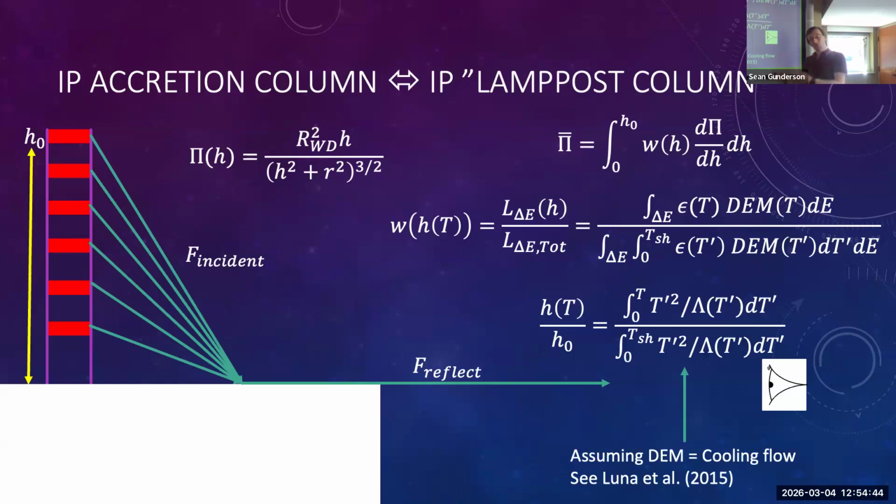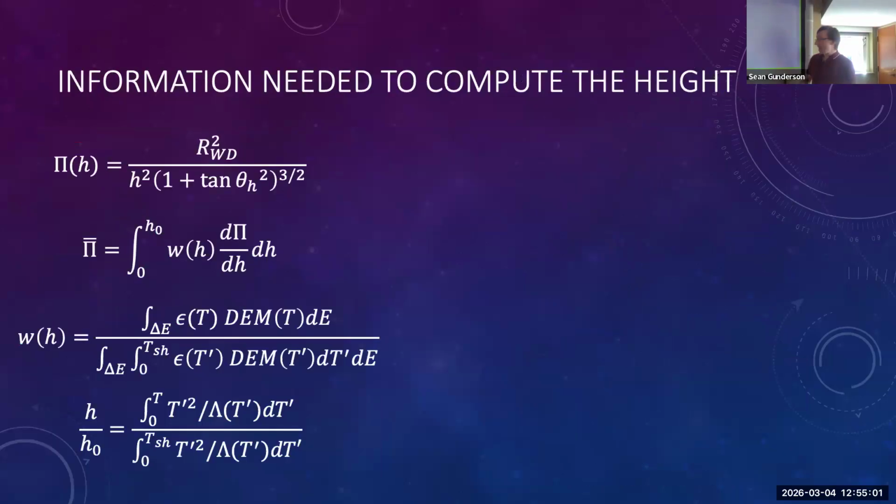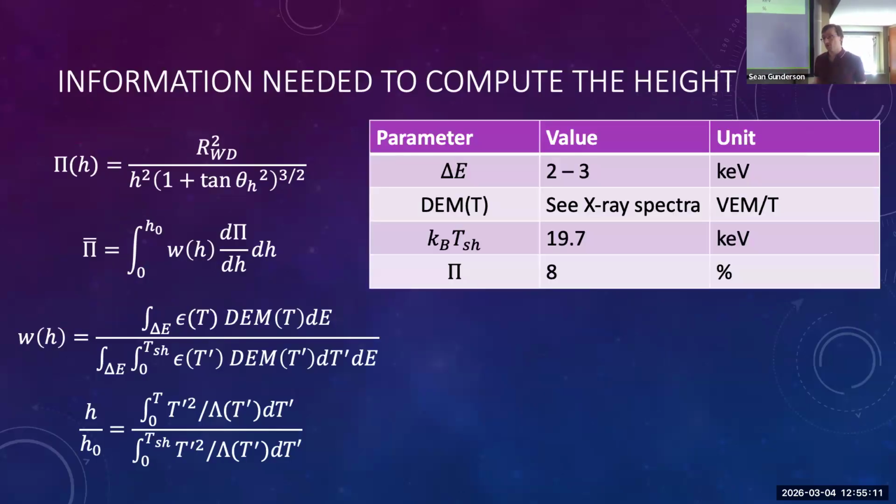So we have to do a little bit more modeling, and thankfully Luna et al. 2015 did this, where if you assume an isobaric cooling flow, you can connect the height in the column to the temperature just by assuming the differential emission measure is a cooling flow. And that's all that's needed here. All we need is the shock temperature and a polarization measurement and a differential emission measure.